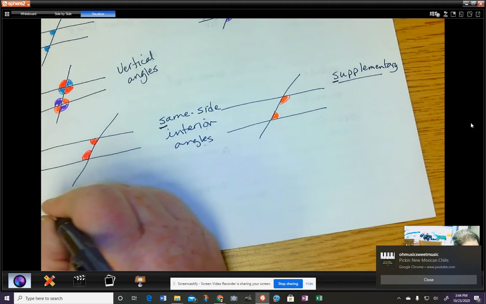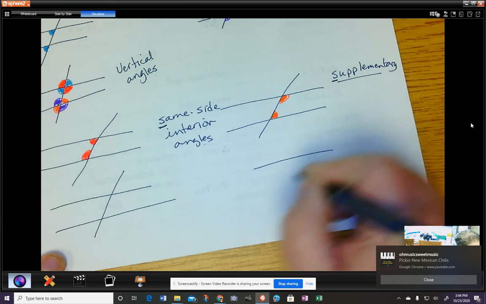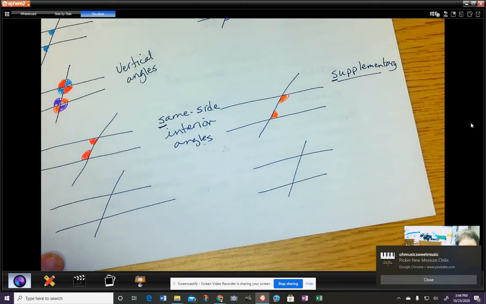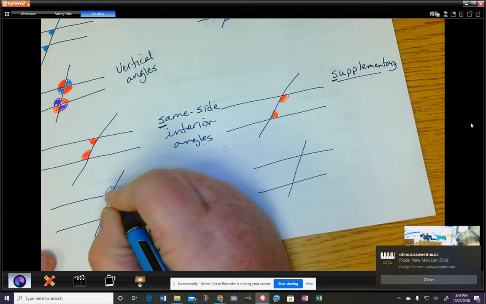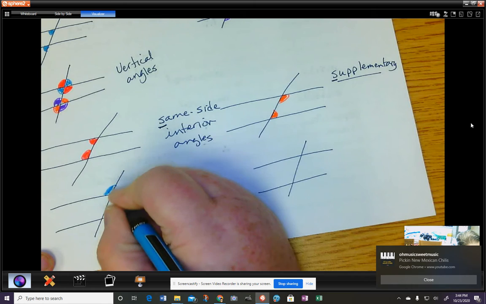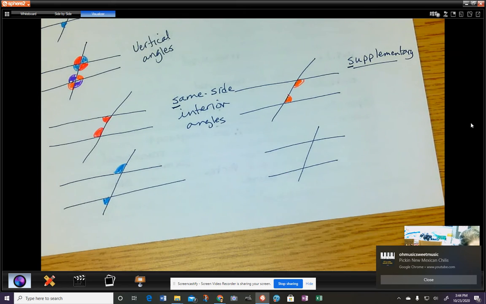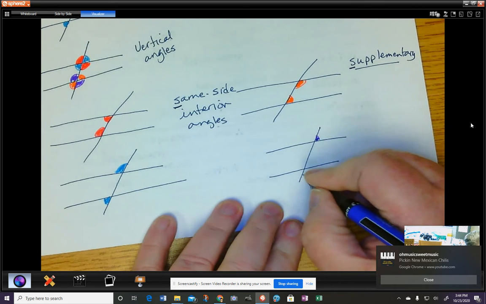All right, draw another pair if you have room. And this time we're going to fill in this one and this one. And this one we're going to fill in this one and this one.